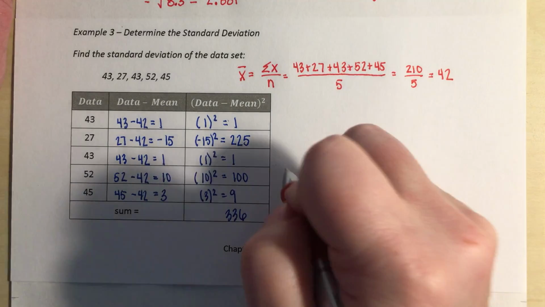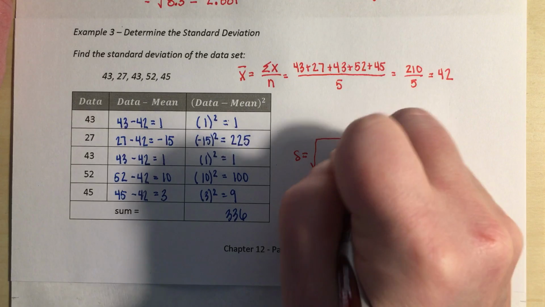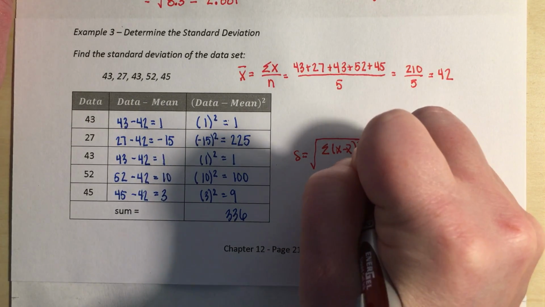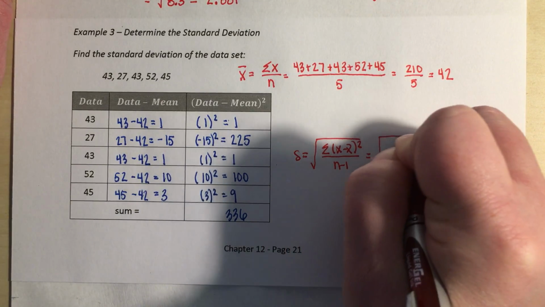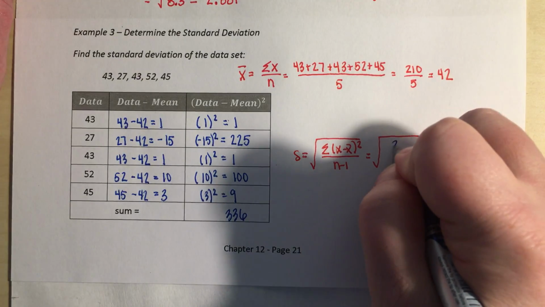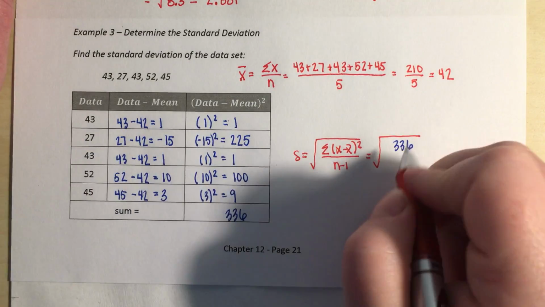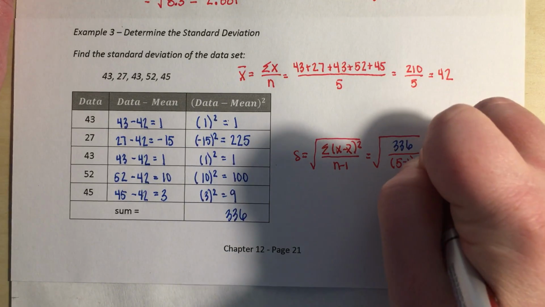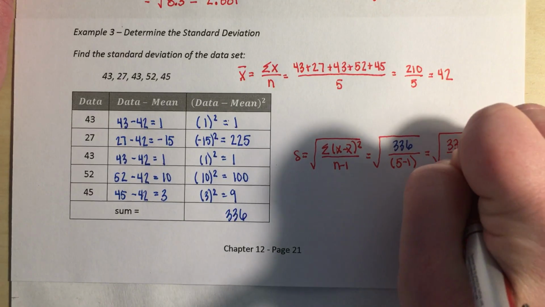So now we're going to go to our standard deviation formula. Right, so remember we have the square root of sigma x minus x bar squared over n minus 1. And that sigma x minus x bar squared is what we just found. That's 336 divided by 5 minus 1. 336 over 4.